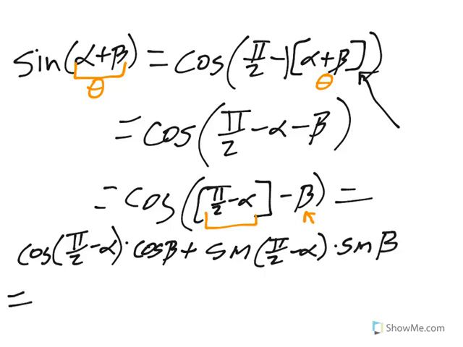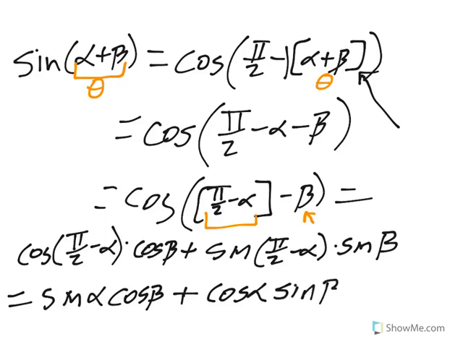But we just got done doing a bunch of cofunction identities. Cosine of pi over 2 minus alpha is just sine of alpha. Cosine of beta, I'll just call cosine of beta. Sine of pi halves minus alpha is cosine of alpha. And sine of beta, I'll call sine of beta.